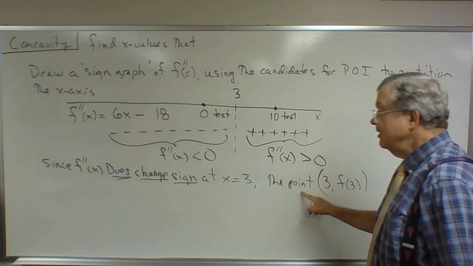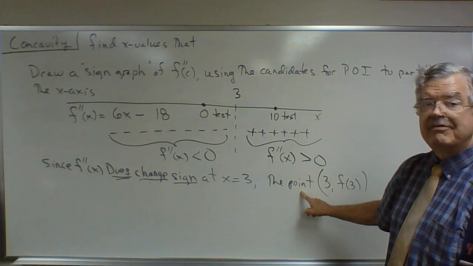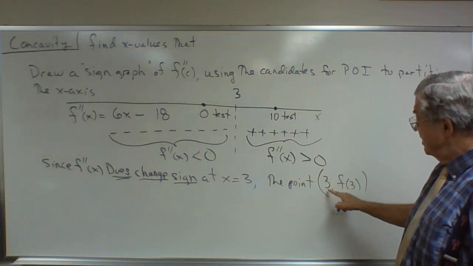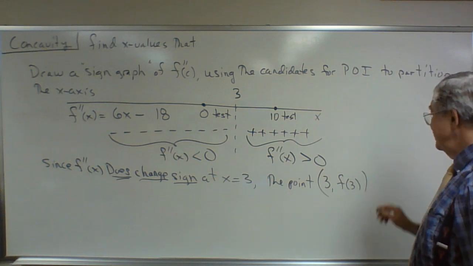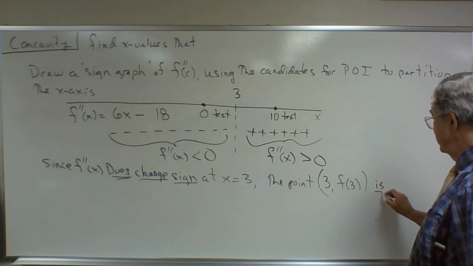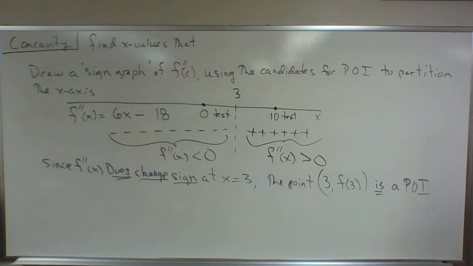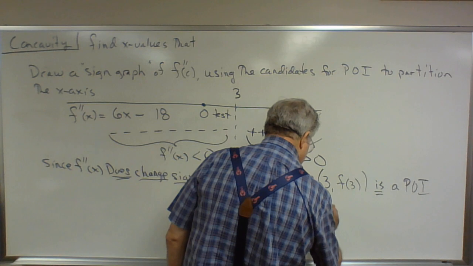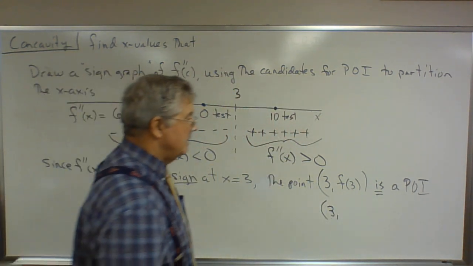And remember, a point of inflection is a point on the graph of the original function, so we get the y coordinate by plugging 3 into the original function. If I take 3 and plug it into the original function, let's see, what did that turn out to be? I think 1.